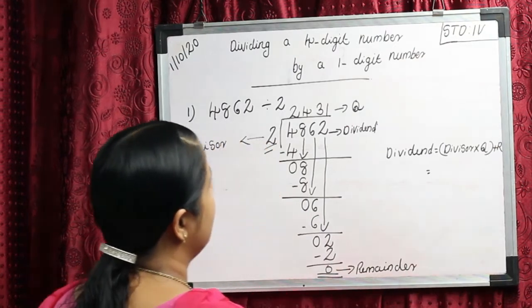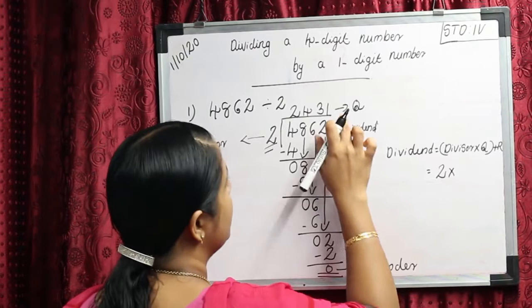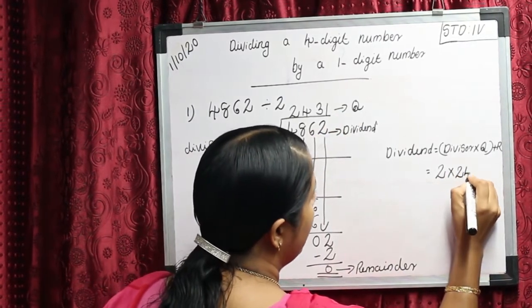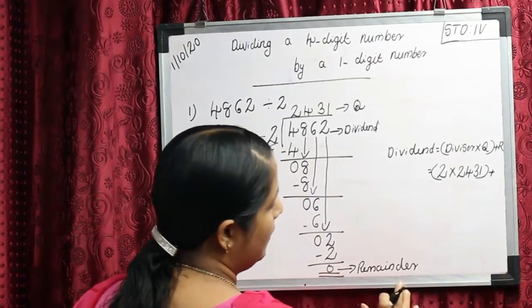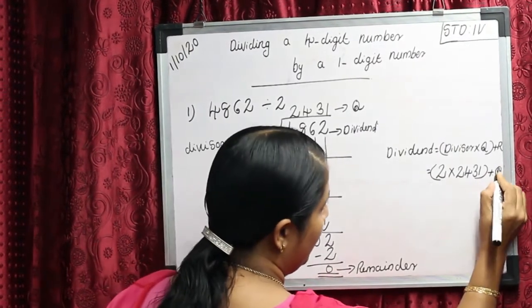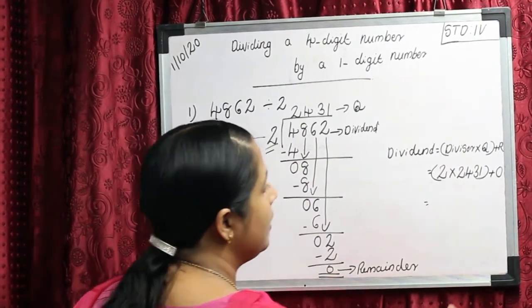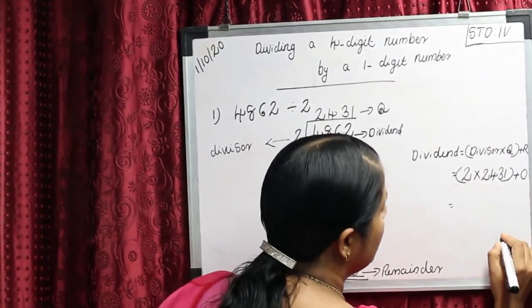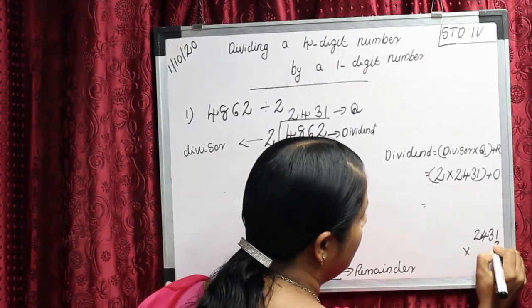So our divisor is 2. 2 multiplied by our quotient 2431, plus remainder. Our remainder is 0. So we multiply 2 into 2431. We are multiplying 2431 by the number 2.